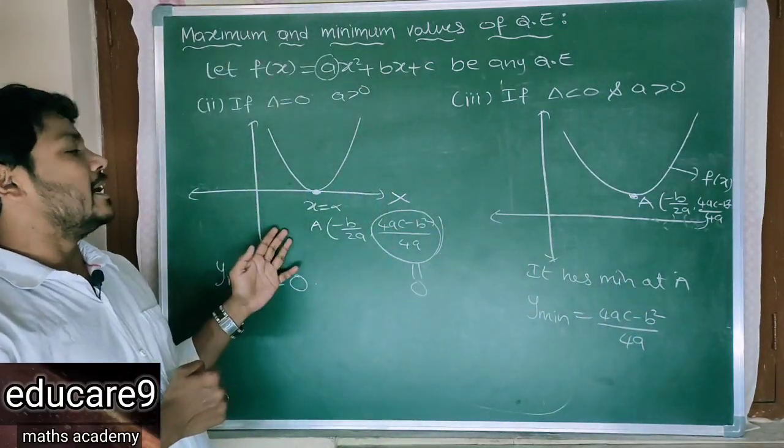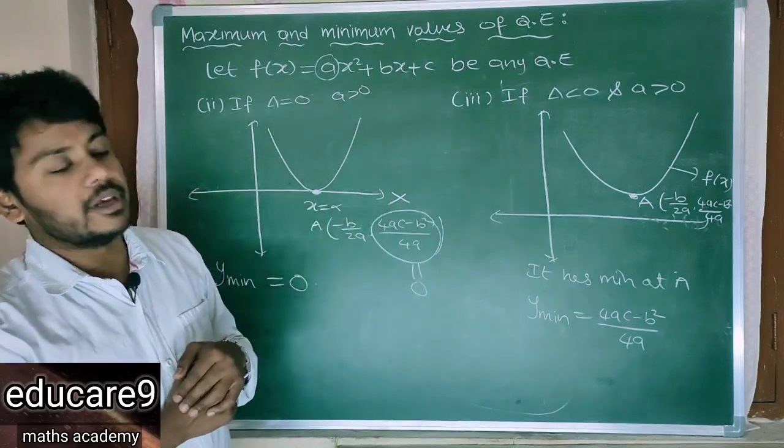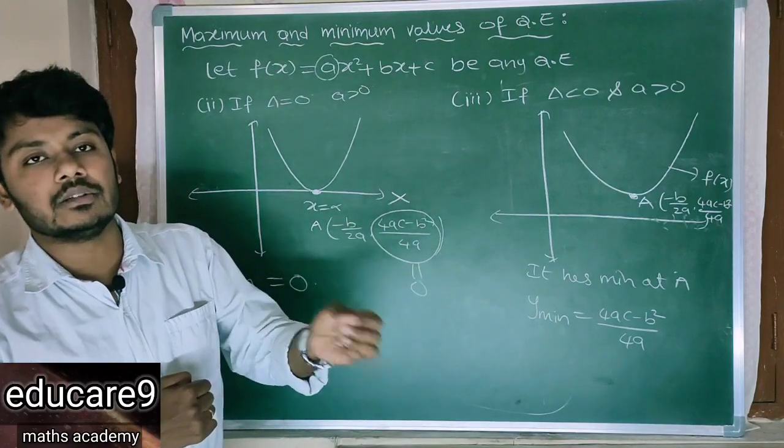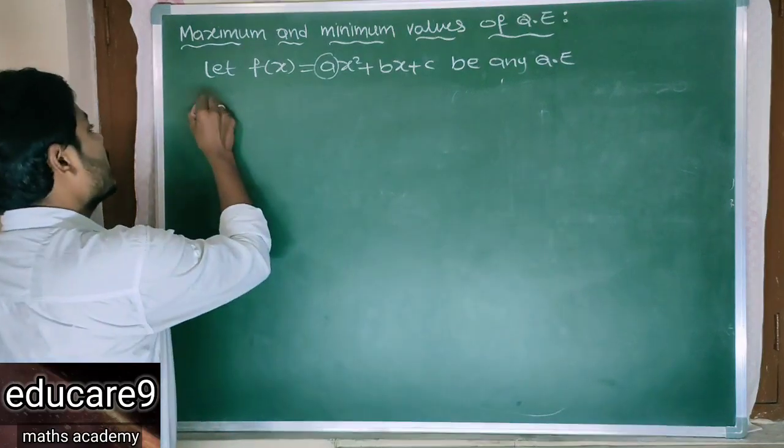But in the second case, that vertex lies on the x-axis. So in that case, the y coordinate is 0. That is, y minimum is 0. Let's see the second case.